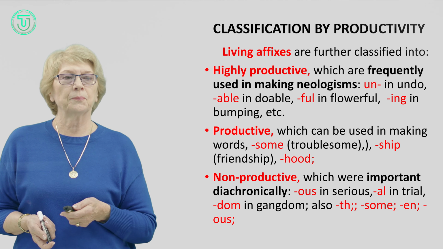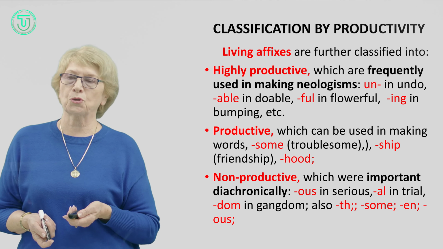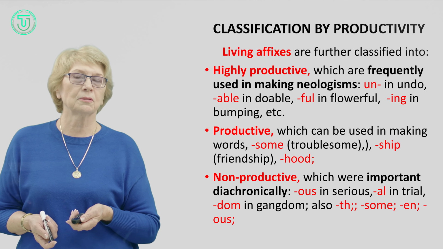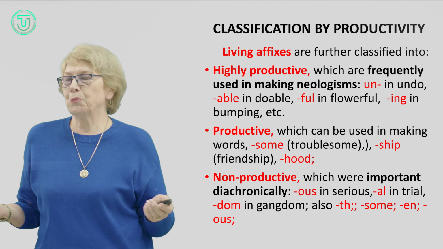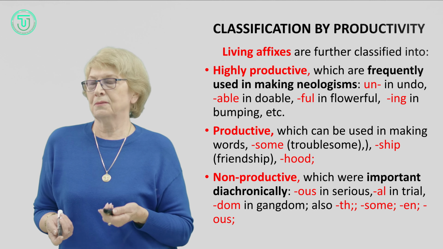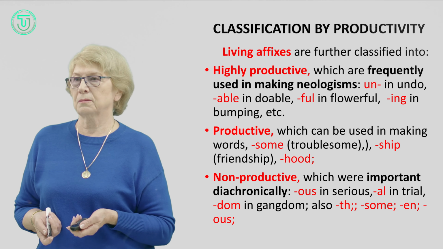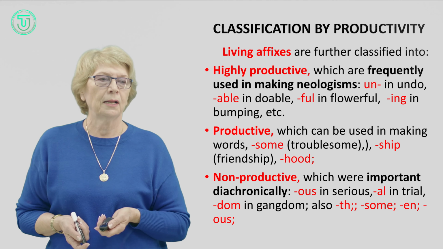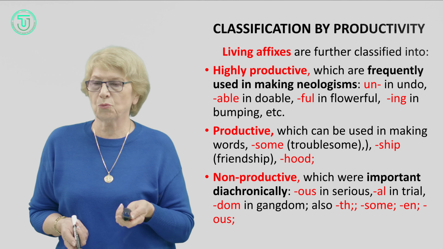And I think that it's obvious that the suffix -ous, which is an adjective-making suffix, is not really productive, but we cannot do without it because it is included in very many words like curious or genius, indigenous, etc. So it is there, and we have to learn these words.